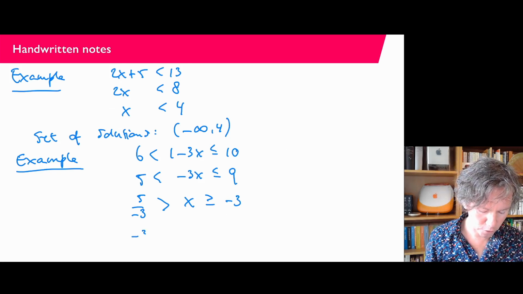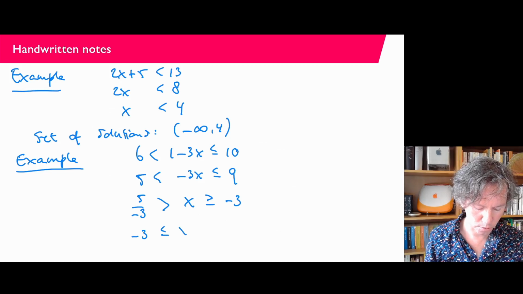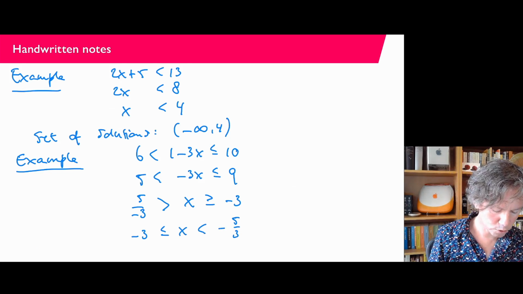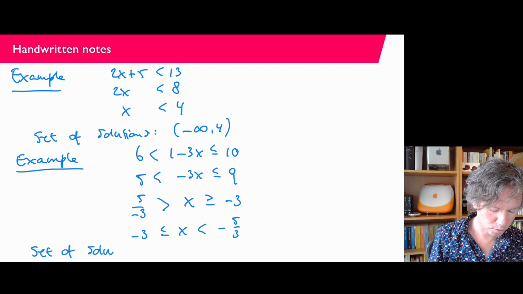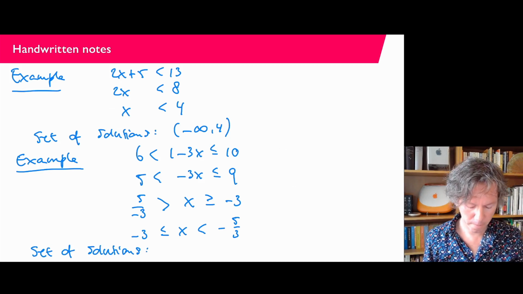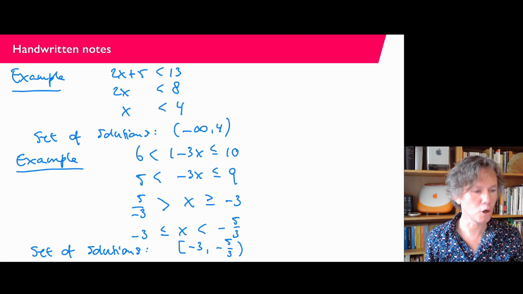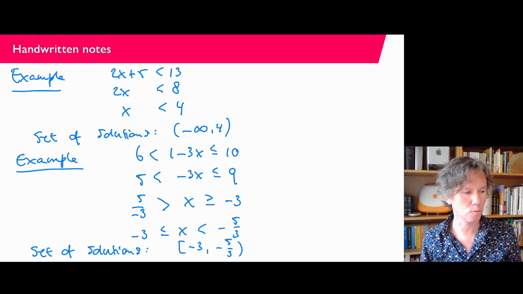So I put the minus 3 here, less or equal x, less than minus 5 over 3. And then we're basically done, because now we know that the set of solutions, so all solutions of this inequality, or two inequalities if you like, are the interval from minus 3 up to minus 5 over 3. And this side should be open because we have a strict inequality there.